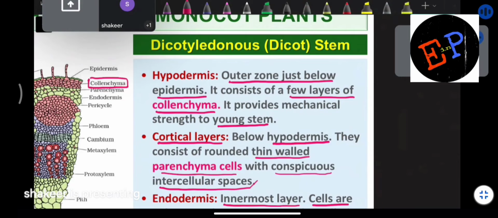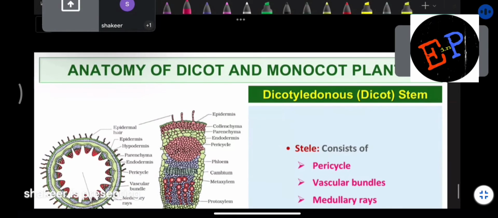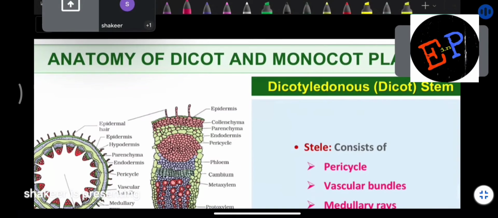Clear? That is why they are also called starch sheath. So endodermis, what do you call it? Endodermis you can call it the starch sheath in the case of dicotyledonous stems. Clear? That's it.